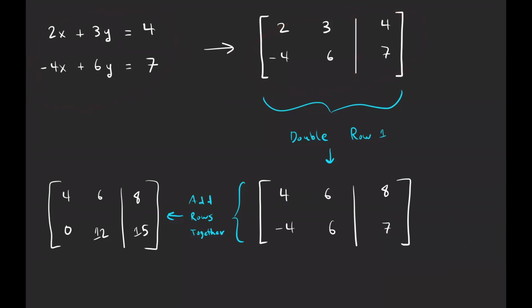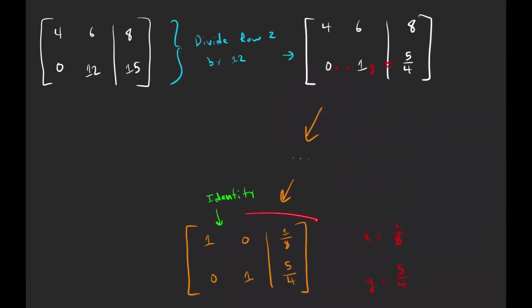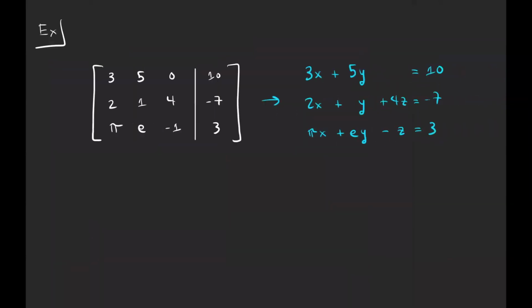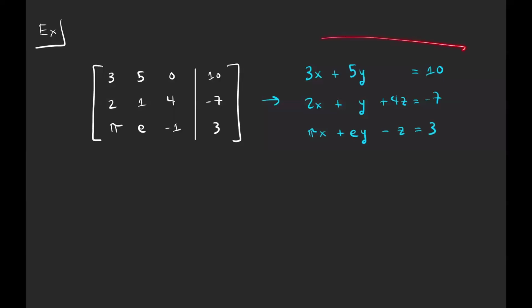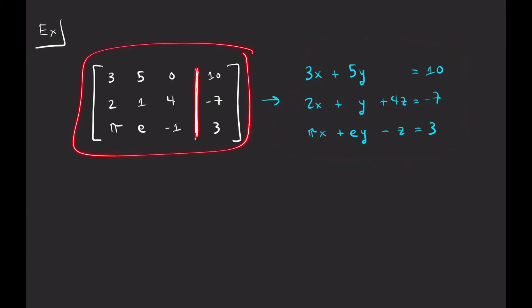And I can do the same actions as I would have done in algebra class, and it ends up giving me my answer right here. Well, we saw this as well. I didn't finish this, but here's a system of equations. Let's write this in a matrix with a bar.